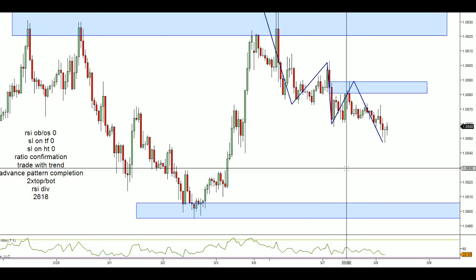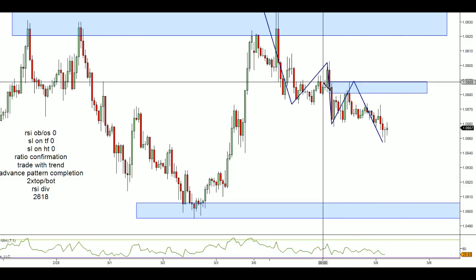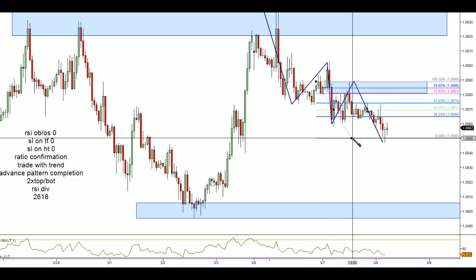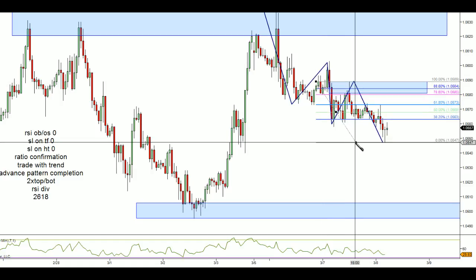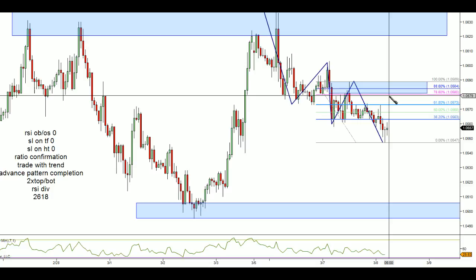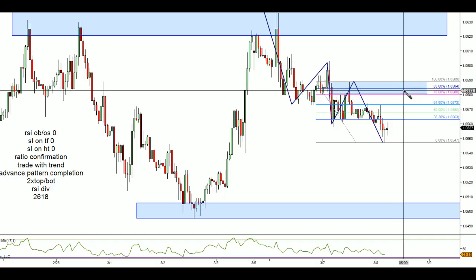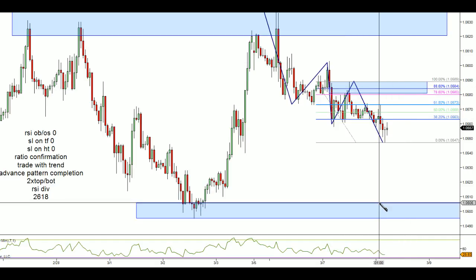Do we have any kind of ratio confirmation? We're not going to have it right now. But if price rallies up, we have a 786 and an 886. The 786 comes right below that level, and then 886 comes right in the middle of it, looks like.